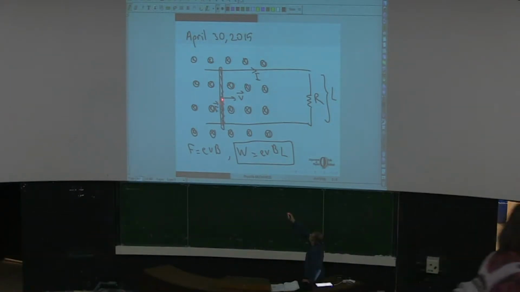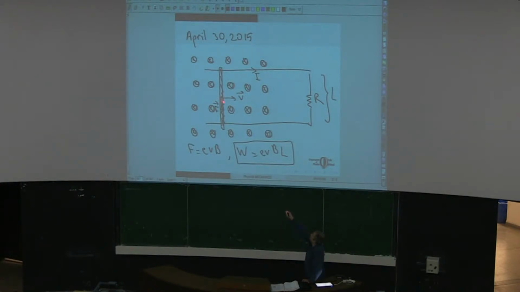Well, let's see. As the electron is going around the circle, the magnetic field is not doing any work. But it hits the boundary, and when it hits the boundary, it is reflected. It is exerting a force on this rod, so that is what is doing work on our system, on the electrons.